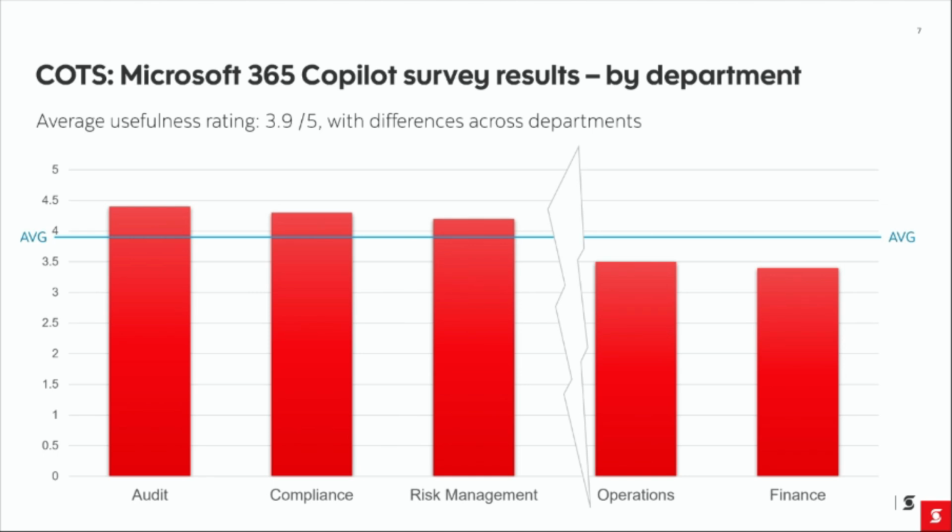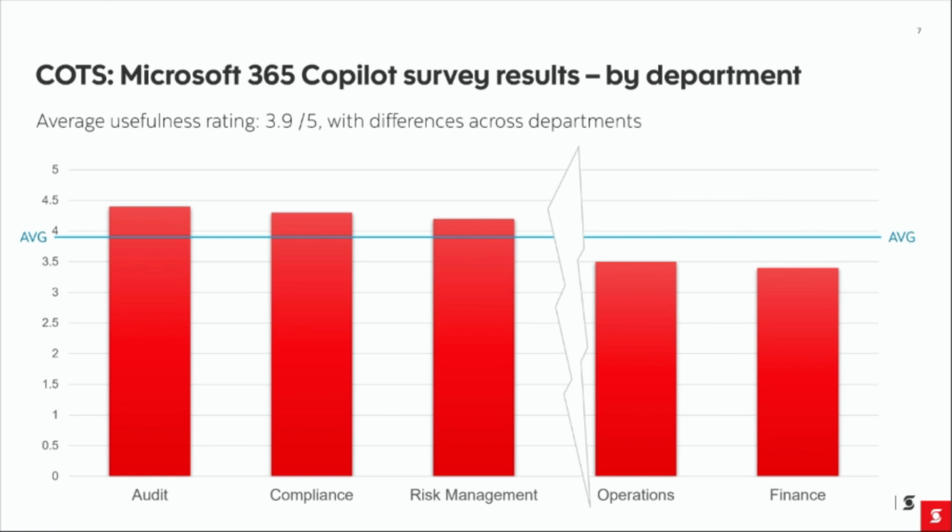So this is interesting, and it's also not a surprise because the groups on the left, audit, compliance, risk management, they are very document heavy. They read documents, they evaluate documents, they compare documents, they make sure that documents are what's expected from them, and so on. And of course, large language models are called large language models, not large numeric models. And finance, on the other side, deals with numbers much more than with words. As a result, they find this type of tool less useful for them.